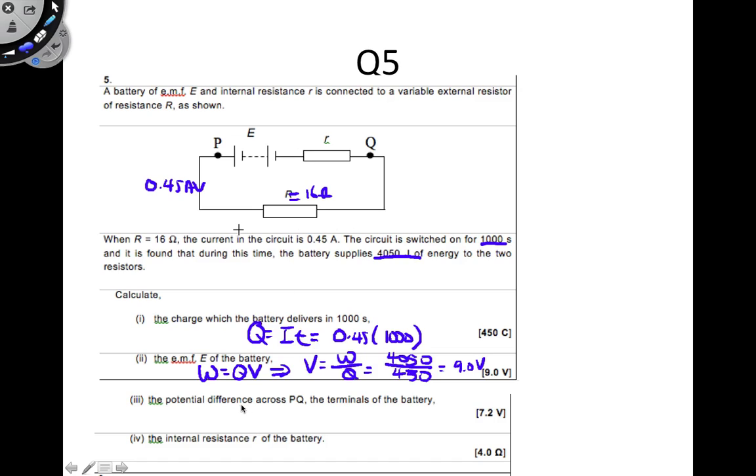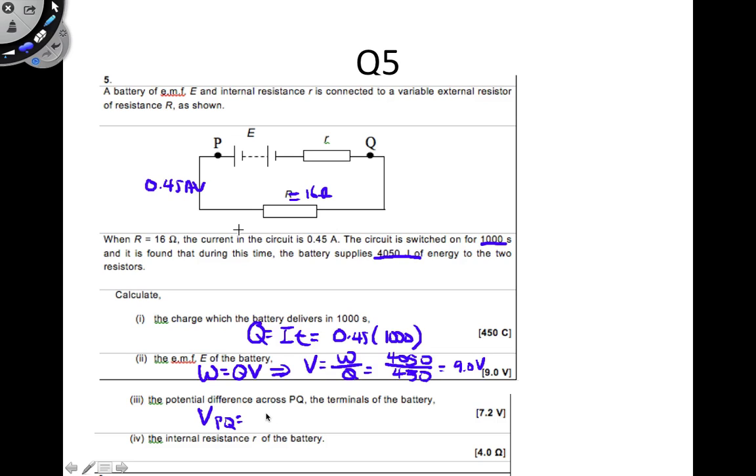Potential difference across PQ. This is still quite straightforward because I know the current going through here is 0.45 ampere, and it goes through a resistance of 16 ohms. So how much do I need to push it? I just need to define my VPQ.